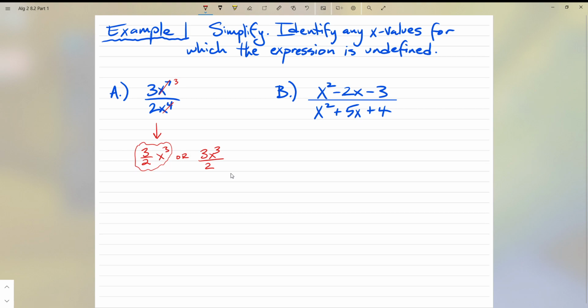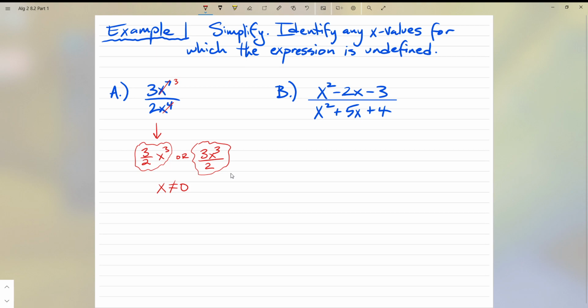But the problem is that in the original problem, before we simplified it, we wouldn't be allowed to use x equals 0, because then it would become 2 times 0 to the 4th on the denominator. So we would say these are the answers, but the x value that would be undefined is x equals 0. So we would say x cannot be 0. That's the way that we'll phrase it.